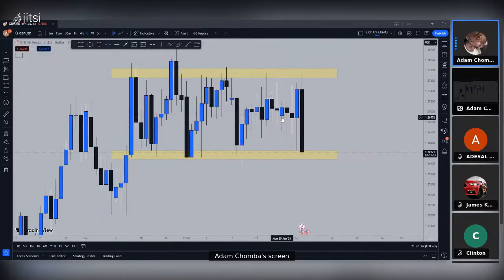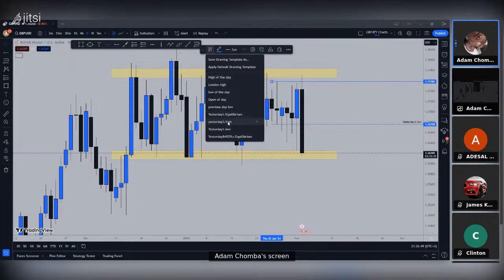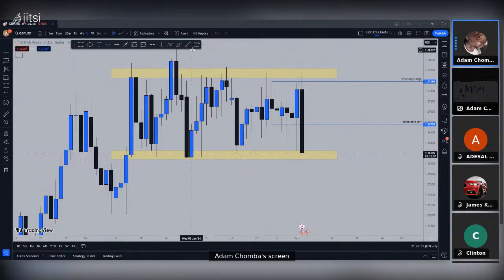So if you look at Monday, the only two things I've done is I've marked the low of Friday and the high of Friday. The reason we mark those, and of course we also mark the equilibrium.